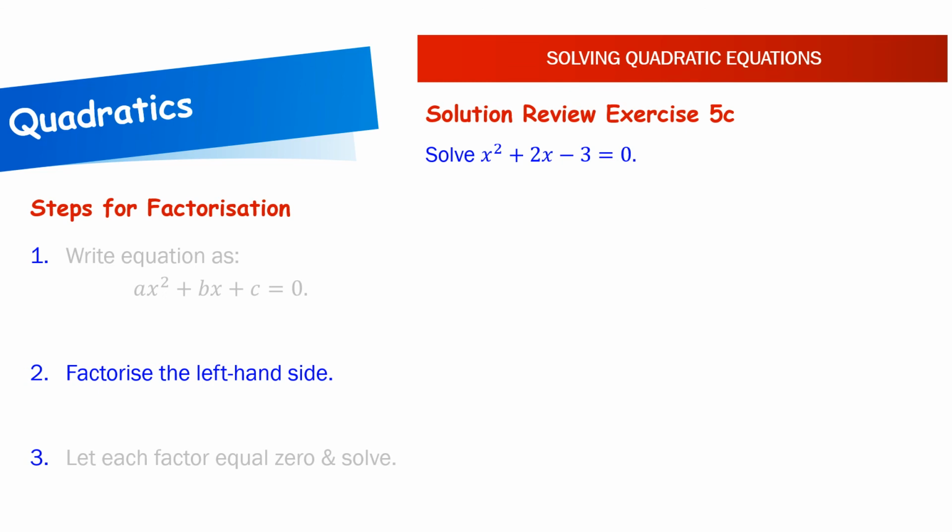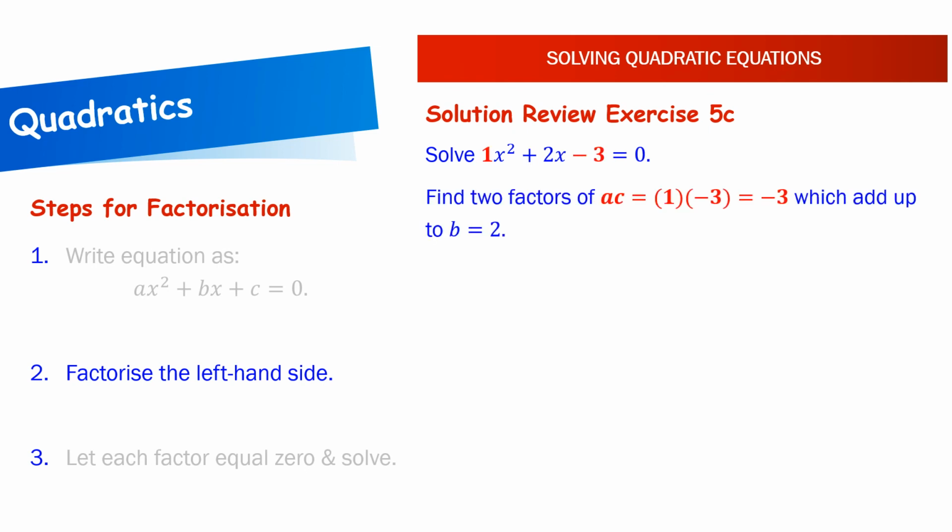So now we need to factorize x squared plus 2x minus 3 equals 0. And again, we need to find two factors of AC, which equals 1 times minus 3 equals minus 3, which add up to b equals 2.